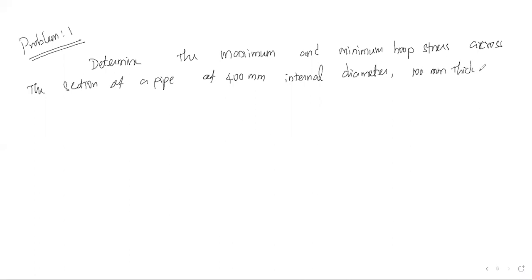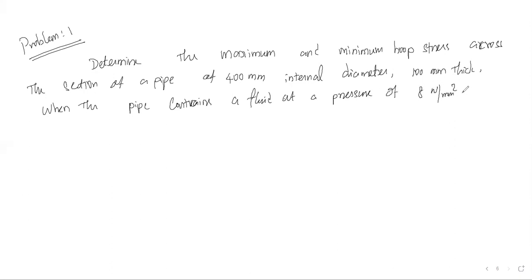So the thickness is 100, when the pipe contains a fluid at a pressure of 8 Newton per mm square.